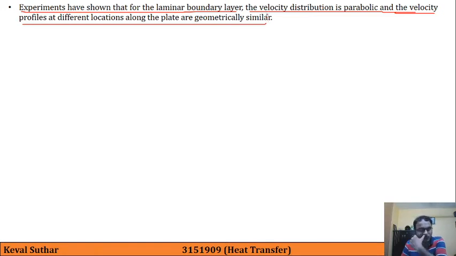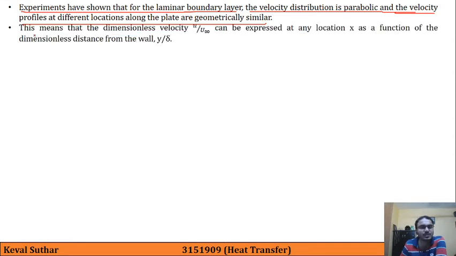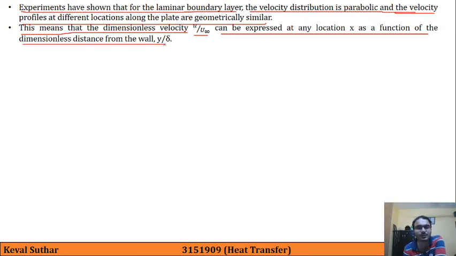This we have seen during our explanation of hydrodynamic boundary layer in the figure. So this means that the dimensionless velocity u upon u infinity can be expressed at any location x as a function of dimensionless distance from the wall y upon delta. Similar kind of stuff we have done for Blasius solution also.